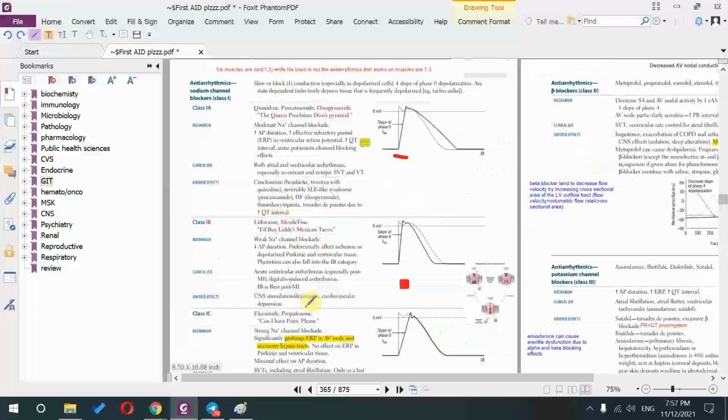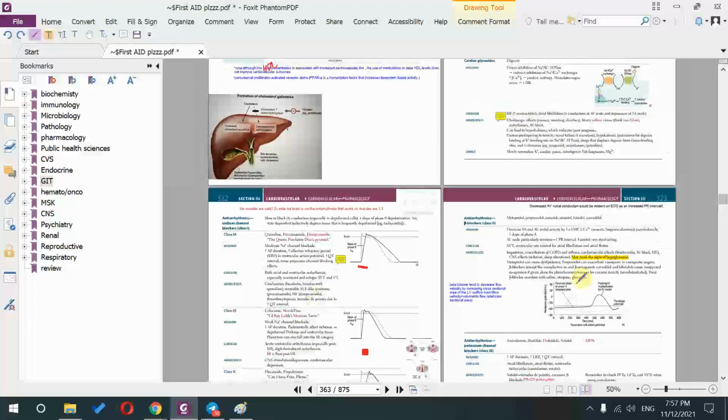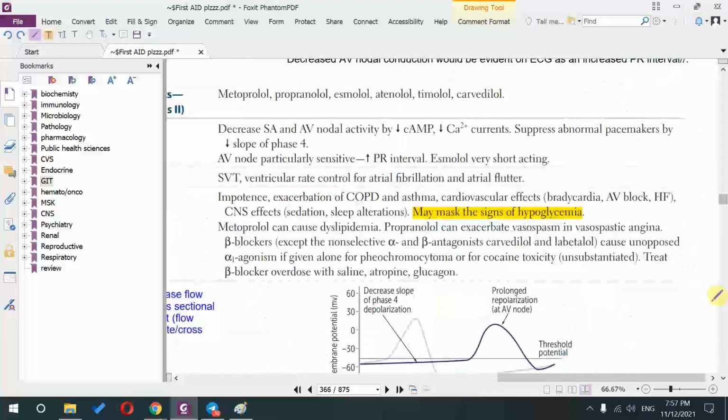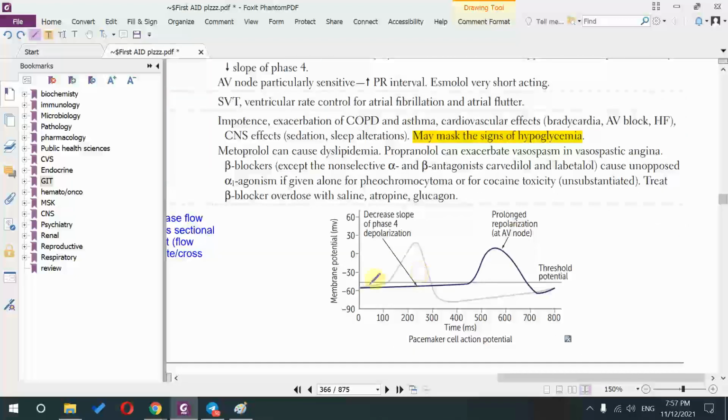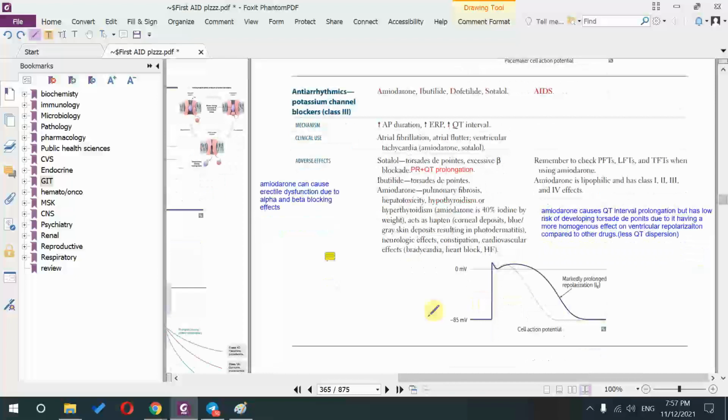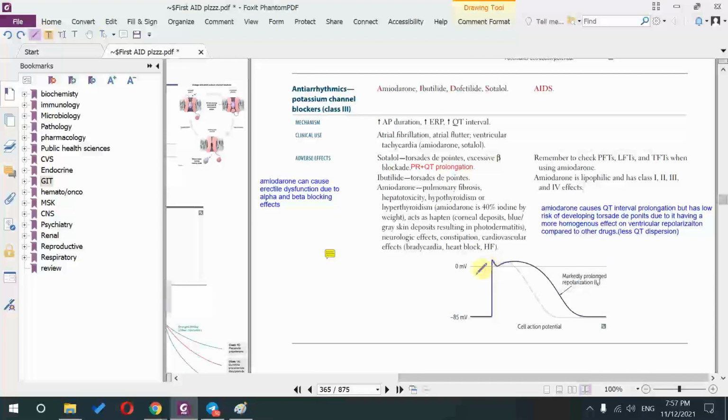If I speak about drug class 2, which is the beta blocker, is it typical or atypical cardiomyocyte? Atypical, yeah, you can see the slope here, phase 4, the slope. Okay, next drug, I'm speaking about class 3, is it typical or atypical?